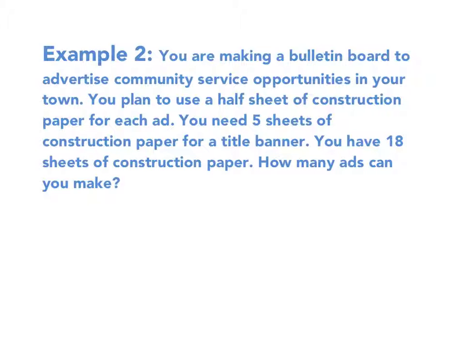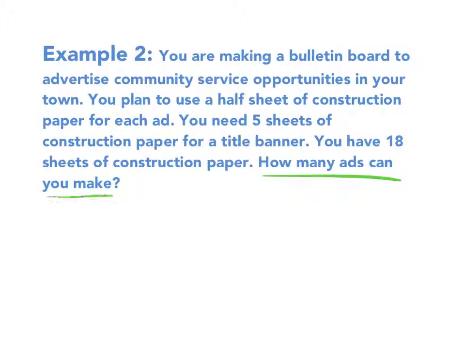Okay, so probably the most important skill that you can do with equations is to build your own from word problems. So this example says you're making a bulletin board to advertise community service opportunities in your town. You plan to use a half sheet of paper for each ad. You need 5 sheets of construction paper for a title banner. You have 18 sheets of construction paper. How many ads can you make? So what we need to know is the last question.